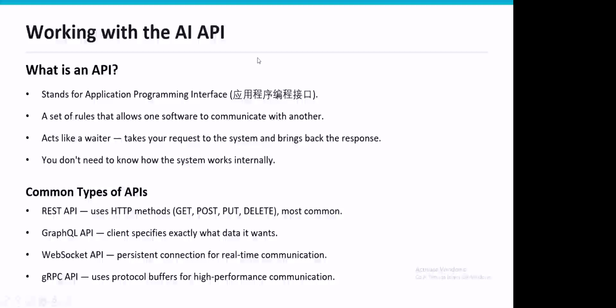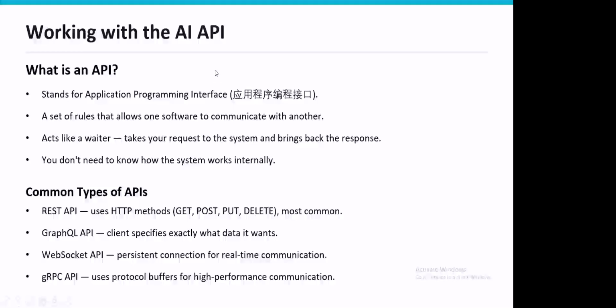Now, the ChatGPTs and Geminis that you are using, or some of the AI tools, are actually working with the AI API. What is an AI API? API stands for application programming interface. In Chinese, it is 应用程序编程接口.